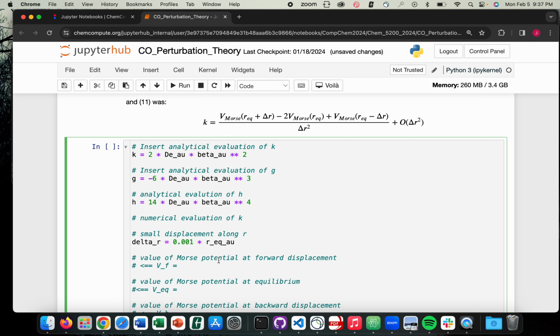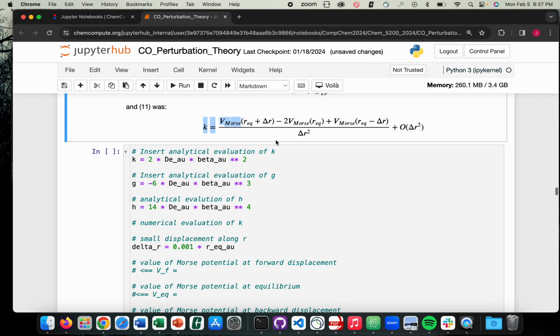Okay, so now here's what I'm also going to do. I basically want to take this expression here and try to numerically approximate K using the Morse potential. And so I'm going to use the centered finite difference expression, which tells me that the second derivative of this potential evaluated at REQ can be given by the following expression.